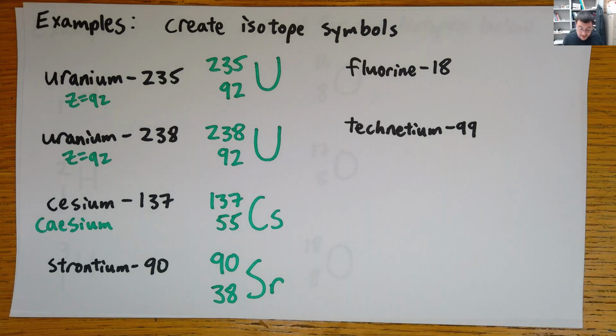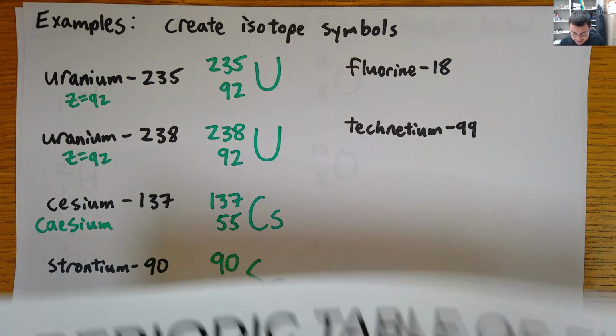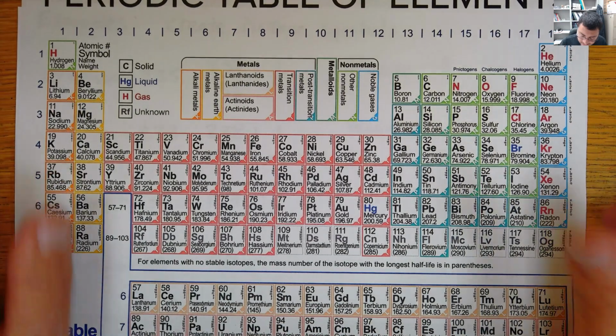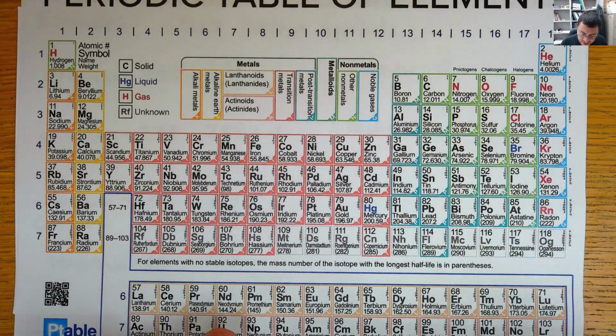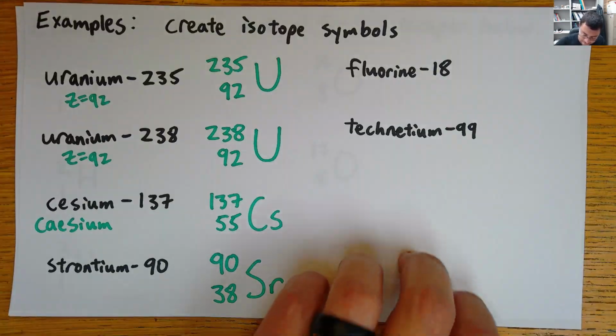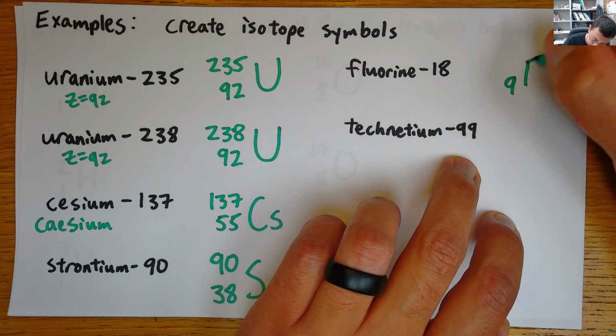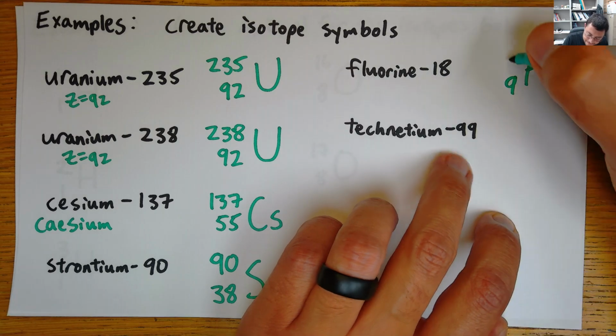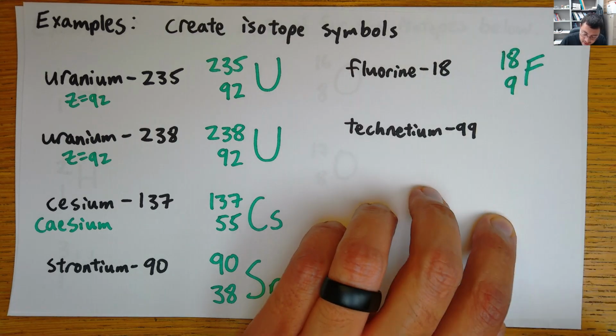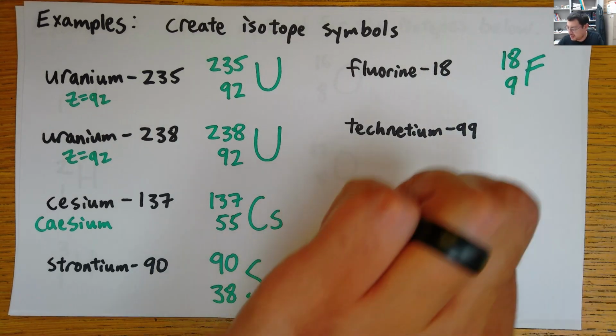All right, let's keep going. So we got fluorine 18. All right, fluorine is element number 9. And then we have technetium 99.